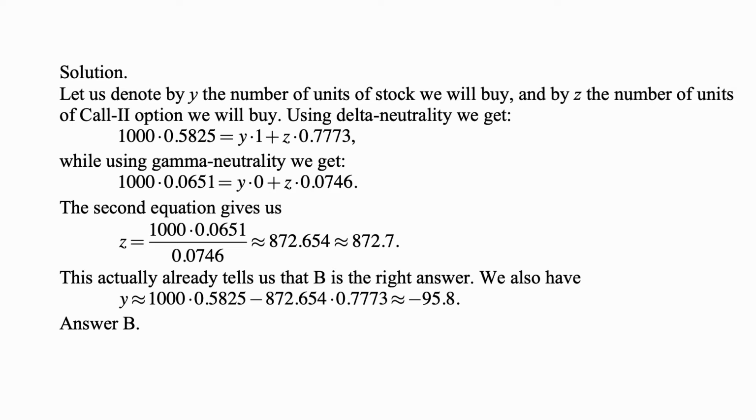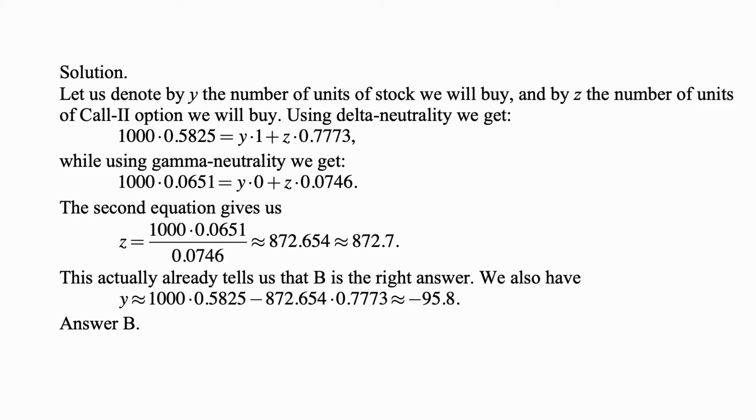We are delta hedging and gamma hedging, meaning that we take into consideration delta, the derivative of the price of the derivative security with respect to the price of the underlying, and gamma, which is the second derivative of the price of the derivative security with respect to the price of the underlying. So what we want is to create a position that has the same delta and the same gamma. The original position we sold is call 1, so we are short that, and we're going to be long a position that has the same delta and gamma.